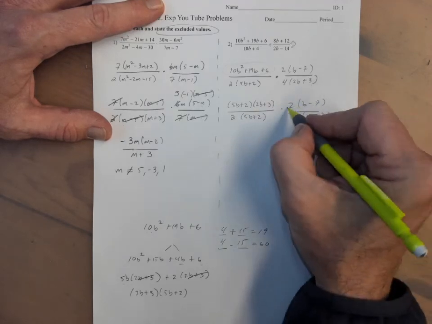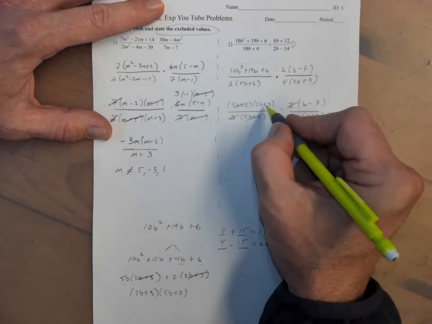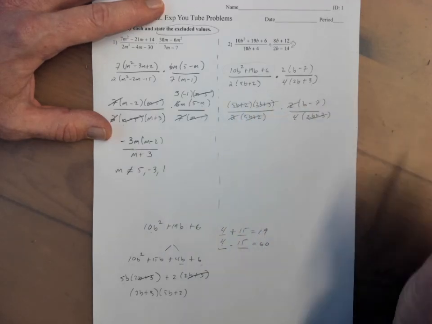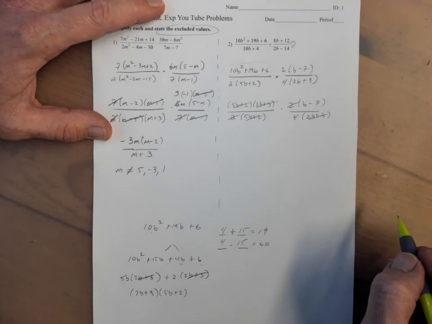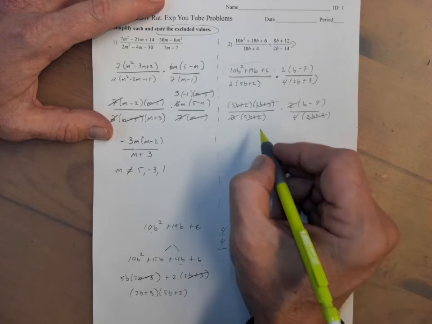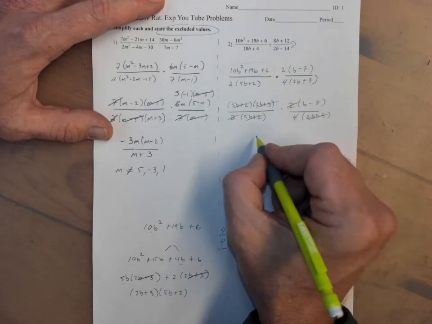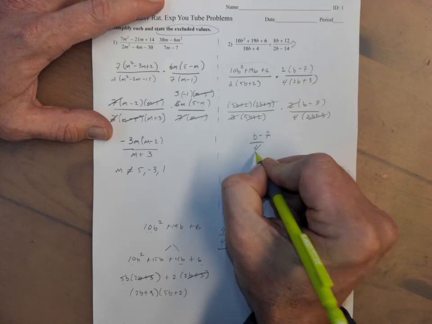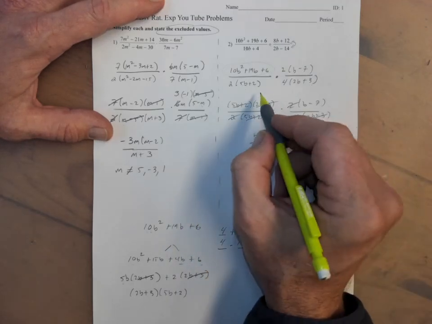Okay, so the 2's divide out, the 5b plus 2's, the 2b plus 3's, and we're looking for values that we have to eliminate. Now it gets a little tricky here, so a couple of things. So we're left with the b minus 7 over 4. b cannot equal... So a couple of things.